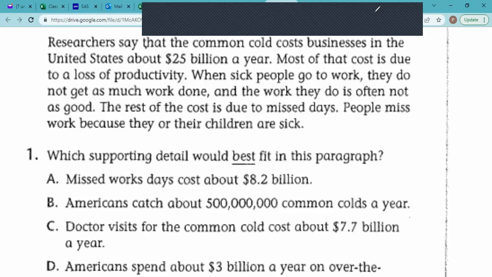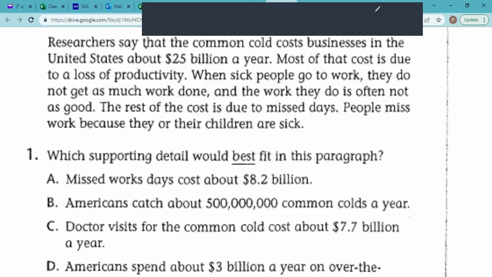So question number 1 is, which supporting detail would best fit into this paragraph? All right. So would it be A, missed work days cost about $8.2 billion? B, Americans catch about 500 million common colds a year?